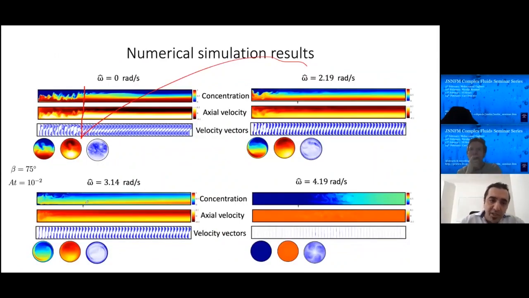The cross section is here in all cases. What we observe is that by increasing the rotation, the flow is greatly affected, and at large rotation, the rotation completely dominates the flow, as in this case that you can observe.